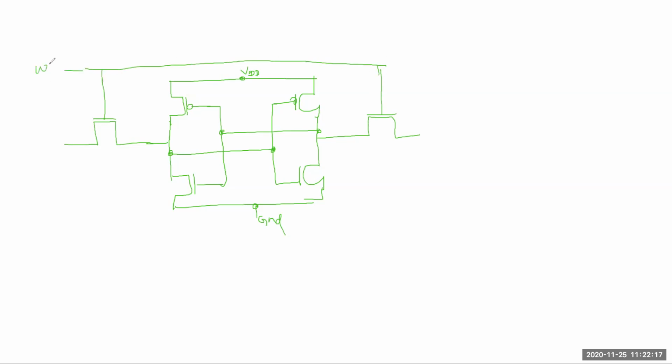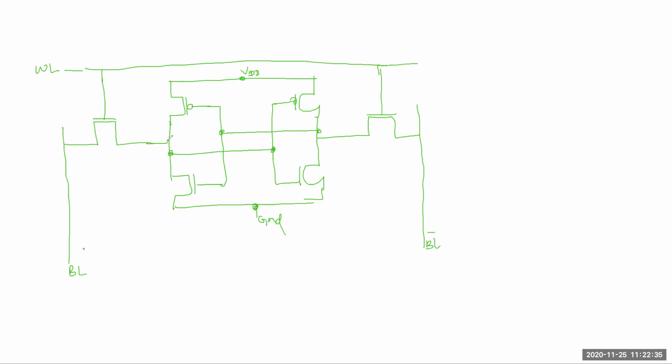This is your word line, and this is your bit line and bit line bar. Suppose we are doing a read operation.